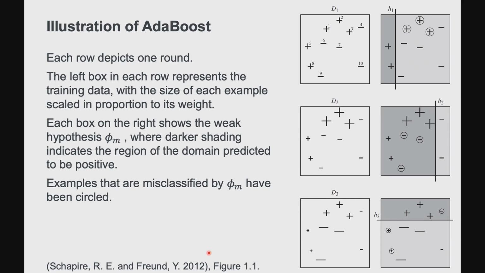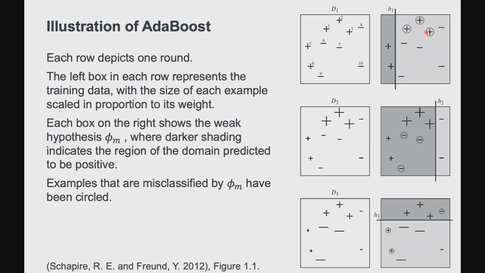So let's illustrate this. How does this then work more practically? We start with an equal weighted sample here. We have the pluses as one class, the minuses as another class, and now we look for a decision stump. And let's say the first decision stump is this H1, and based on this decision stump, we distinguish the positive class from the negative class.